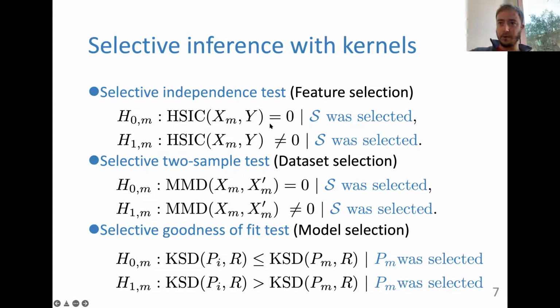So XM would be one of the selected features that belongs to S? Okay, so S includes several features. So M is one of the indices in S. Yeah, that makes sense. Thanks. I will explain in more detail in the later slides, but thank you for the question.